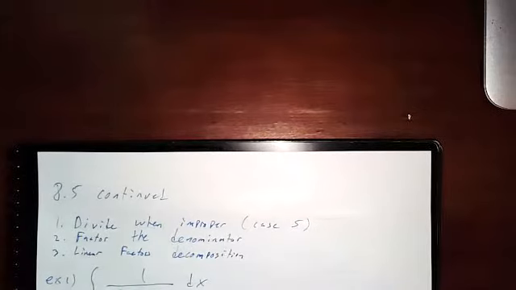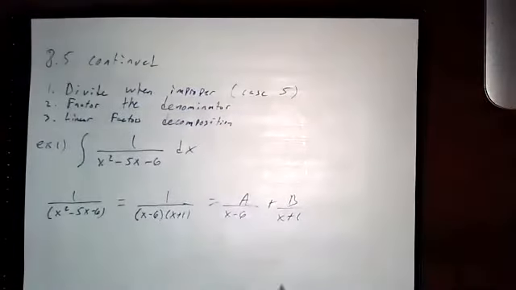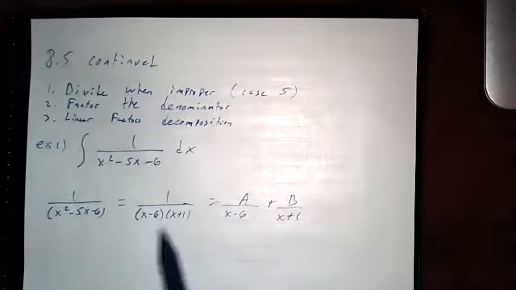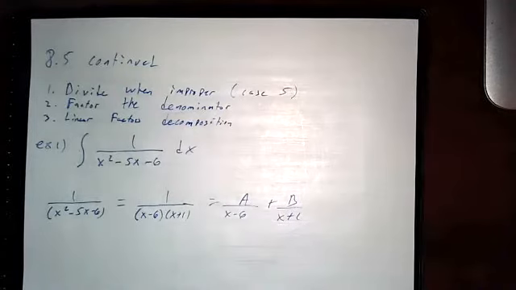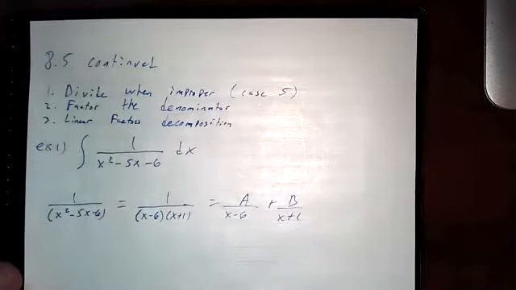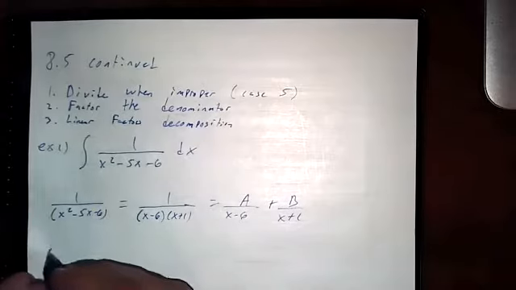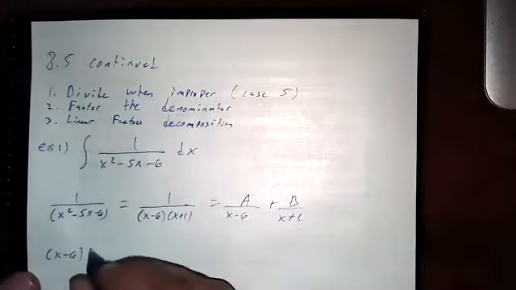So what you have to do is multiply both sides by this denominator to cancel all the fractions, and then you start equating the coefficients to find a, b, etc. So I'm going to multiply both sides by this here.